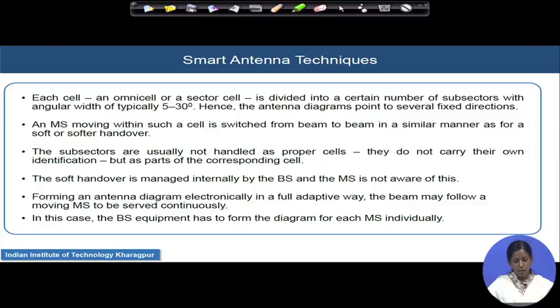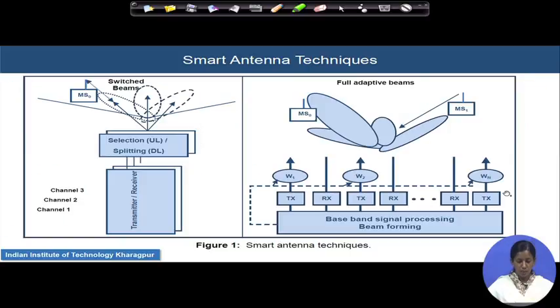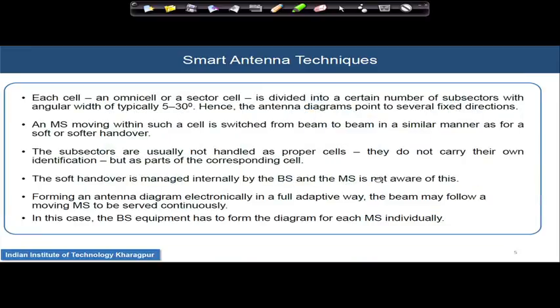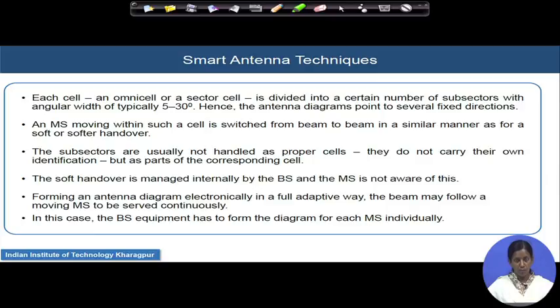And this soft handover, sometimes, remember the subsectors that I talked about in the last one, there is no actual declaration of the subsectors to the mobile users or in the network. Only the base station divides it in such a way, based on hardware constraints, and then it does the control. Complete control is going on inside the base station if it is transmit beamforming.